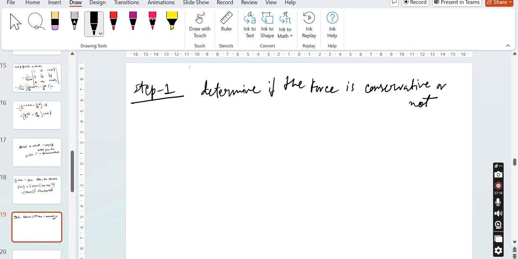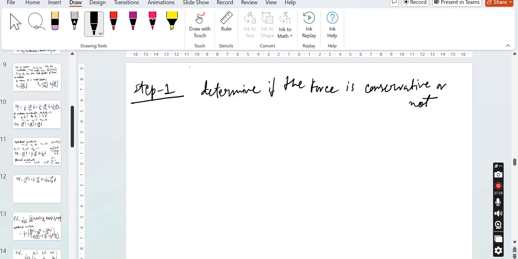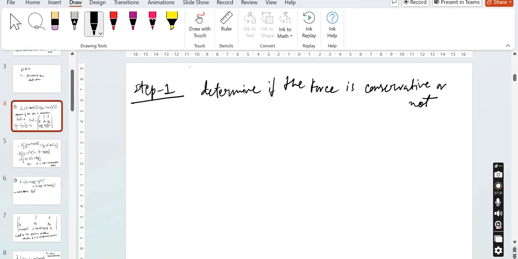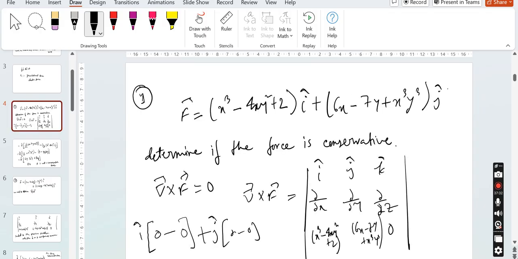Okay, so basically to determine if the force is conservative or not, we have done some questions. What we have basically done is we took the curl. By taking the curl, we take the x derivative of the z component, and when there is no z component, the y derivative of the x component.